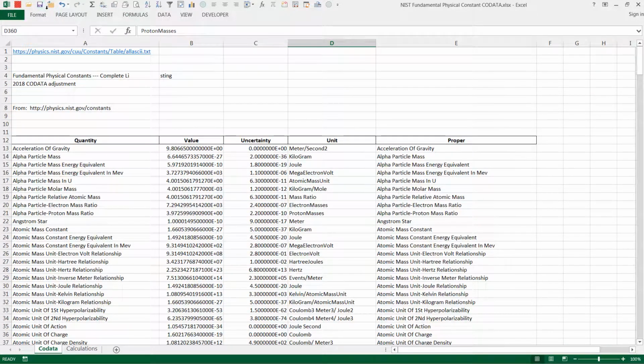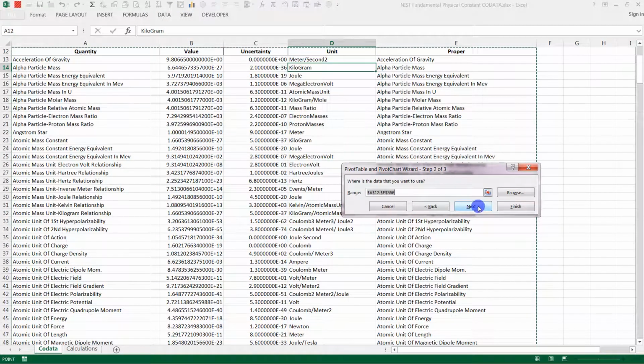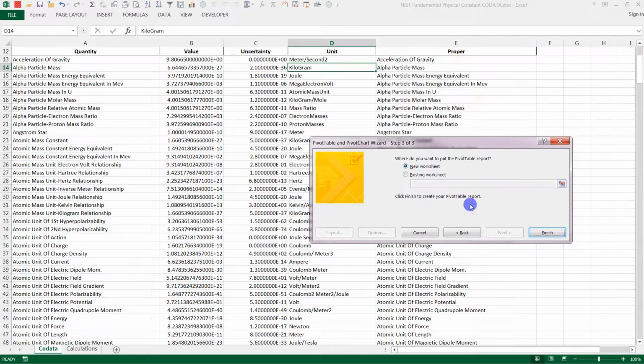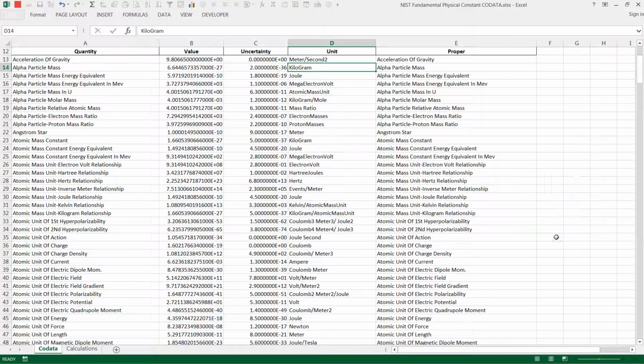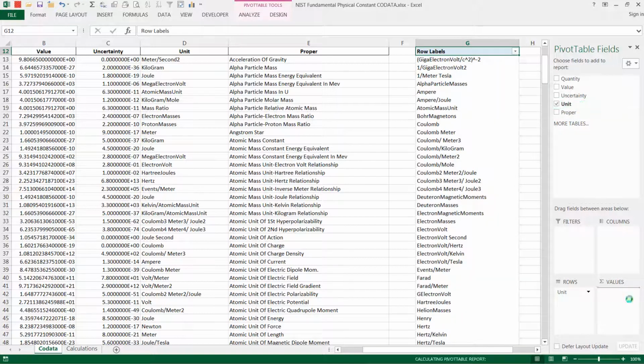So now, let's save that. What I want to do is quickly count these. I got the whole table in the existing sheet. I'll just stick it right here, and I want the unit there and I'll count the unit.